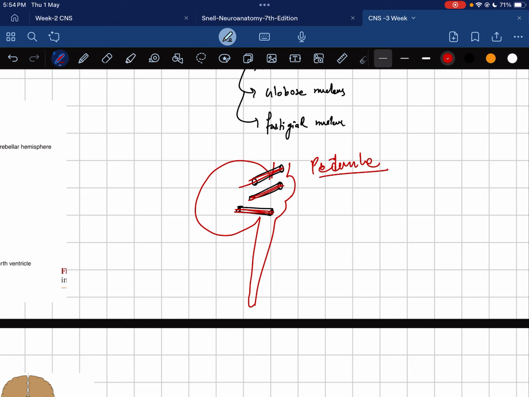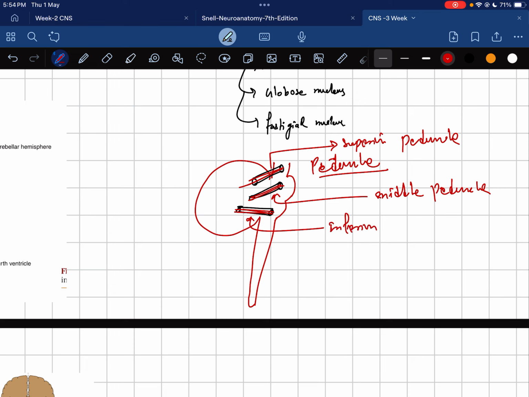From the midbrain to the cerebellum is called the superior peduncle. From the pons to the cerebellum is the middle peduncle. From the medulla oblongata to the cerebellum is the inferior peduncle.